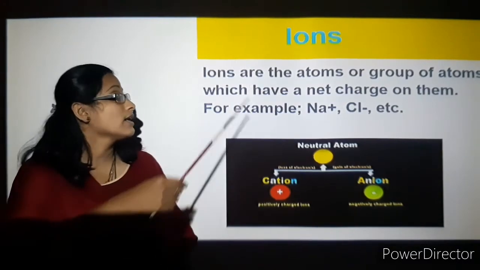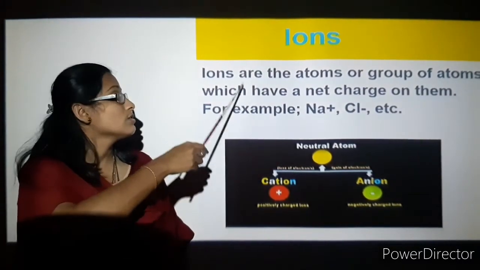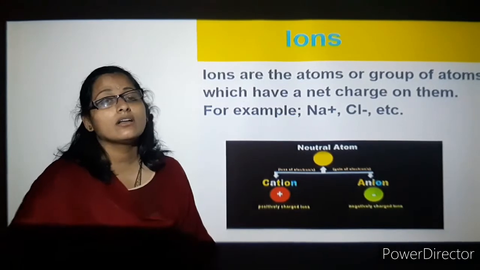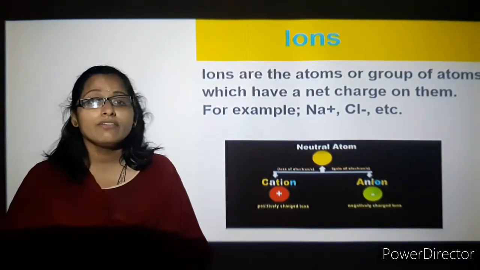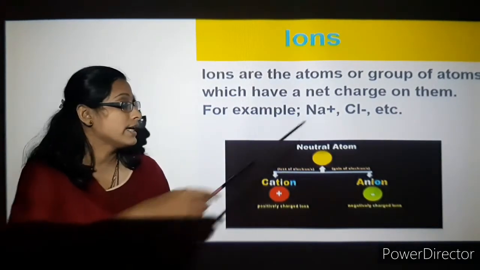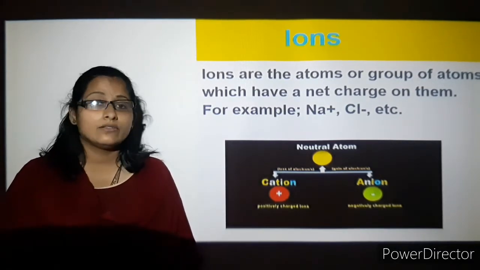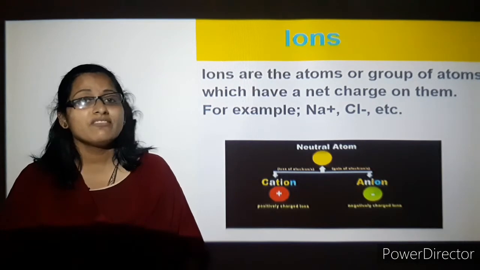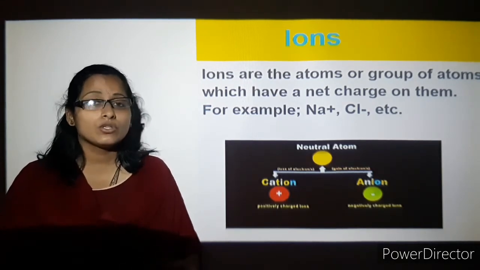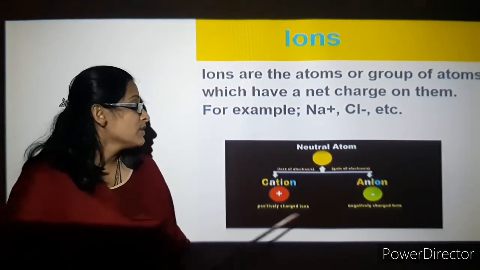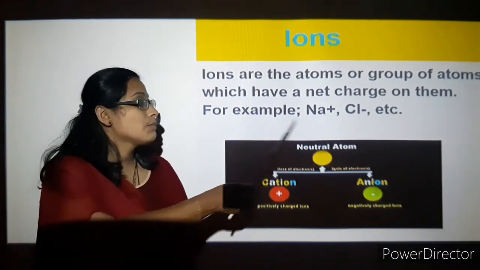So let's understand again what ions are. Ions are atoms, or a group of atoms, which have a net charge on them. Net charge is the total charge with respect to an atom. It can be either positive or negative, and it can also have certain numbers. Here you can see certain examples.